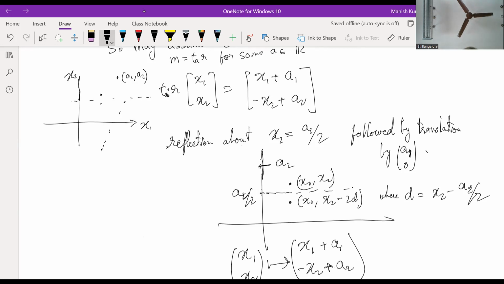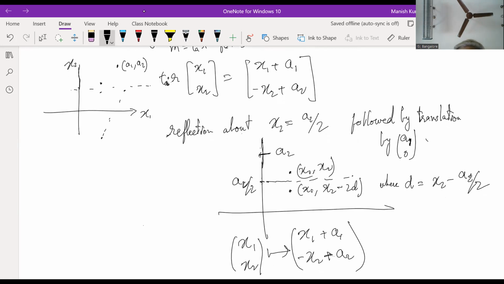So what is reflecting about the line x2 equals a2 over 2? x1 doesn't change, and x2 will become x2 minus 2d, where d is the distance of x2 from this line x2 equals a2 over 2.